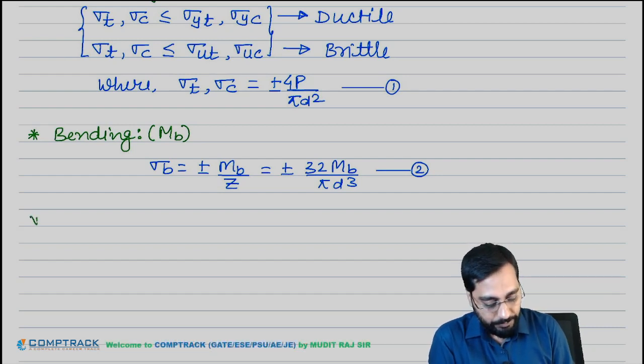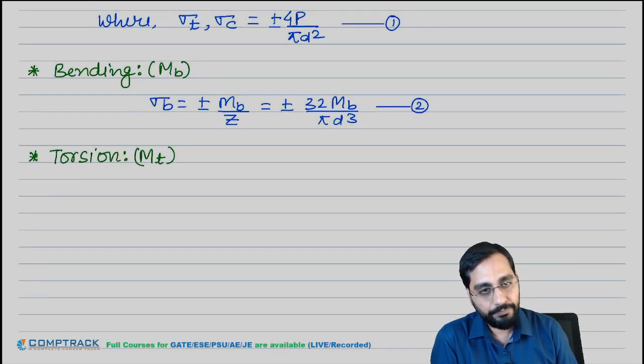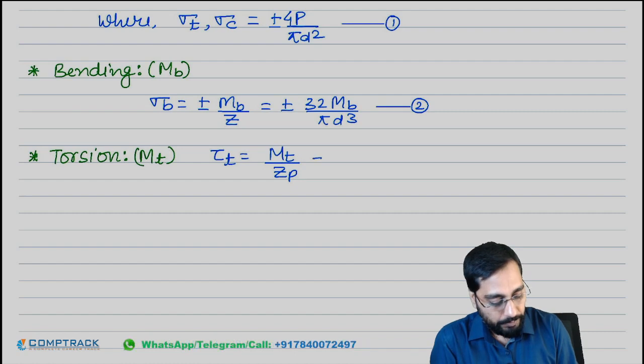And in case of torsion, Mt, there will be torsional shear stress tau t applied, right. So there will be Mt over Zp, and the value of this will be 16 Mt over pi d cube.